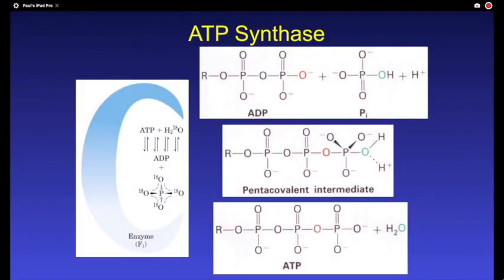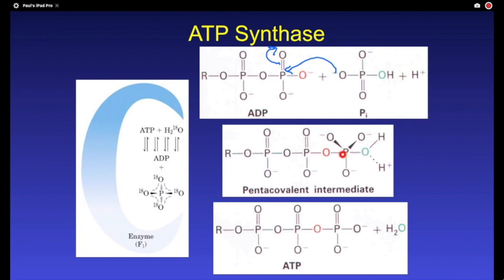Here is the synthesis of ATP. Mechanistically, we've seen very similar reactions in glycolysis. I attack here, and I tell you, I kick up, and then I say kick down. But here's the kick up. This is what is actually happening.